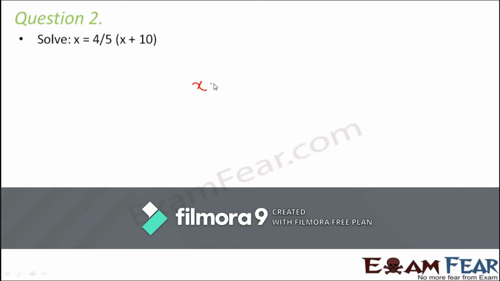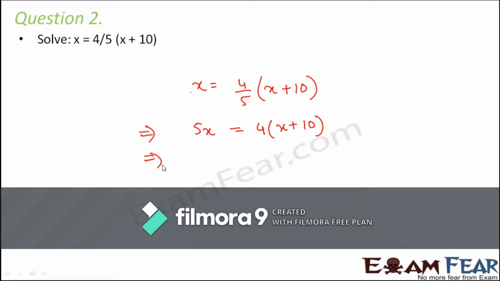Question number 2. Solve x is equal to 4 by 5 into x plus 10. In this case, what are we going to do? To make it simpler, because due to the presence of 4 by 5, this equation looks a little different, we will send this 5 to this side so that we do not have this complexity of an extra denominator. So this becomes 5x is equal to 4x plus 10.